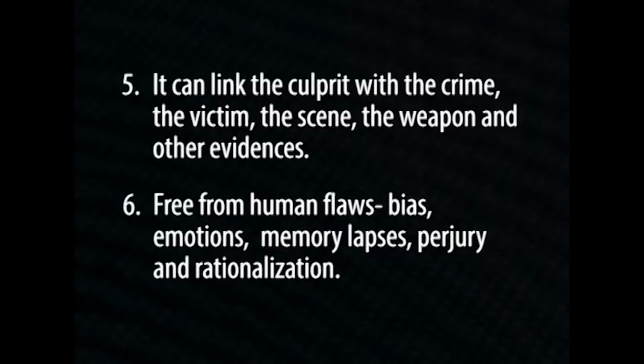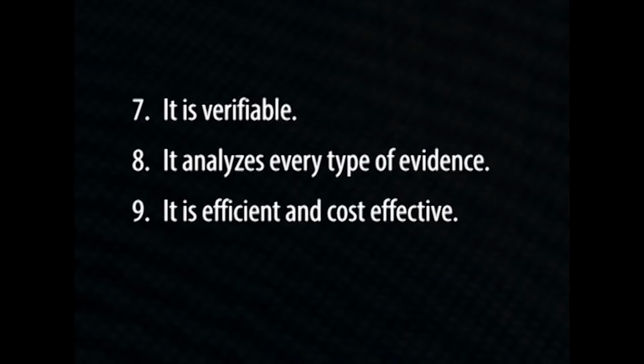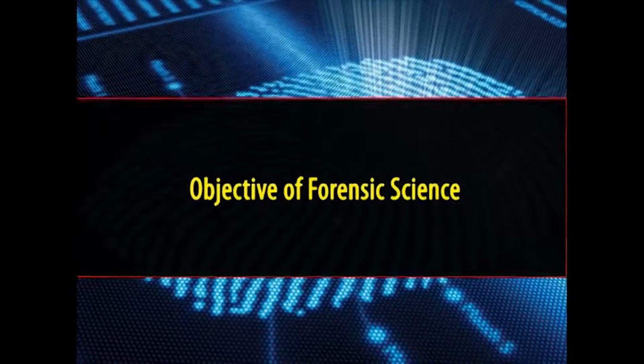It can link the culprit with the crime, the victim, the scene, the weapon, and other evidences. It is free from human flaws, bias, emotion, memory lapse, perjury, and rationalization. It is verifiable. It analyzes every type of evidence. It is efficient and cost effective.